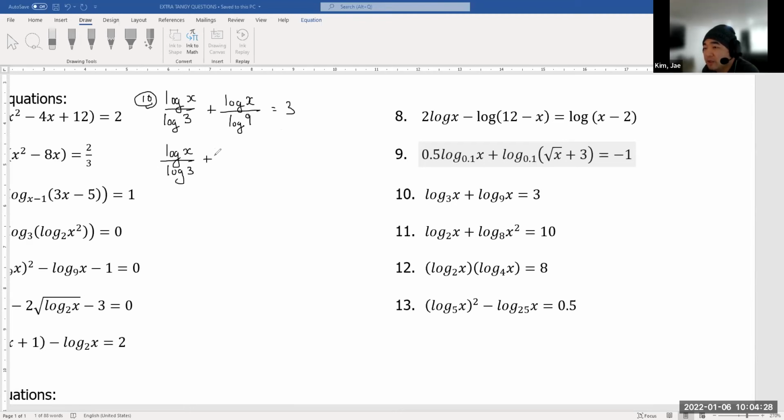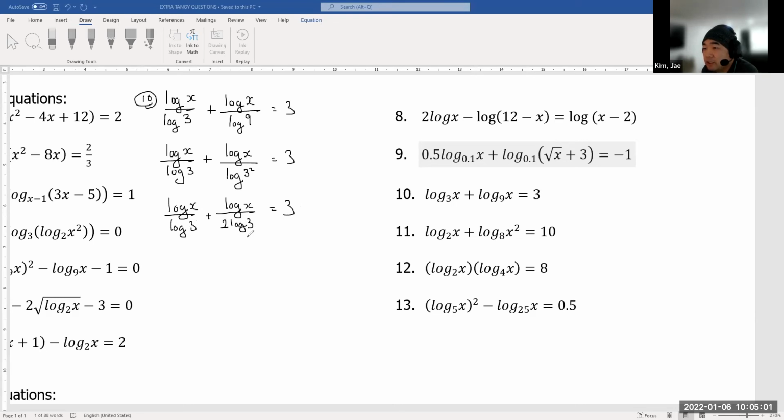Remember, I'm trying to make the denominators the same if I'm actually going to add them. But how do I deal with log of 3 and log of 9? Well, 9 is 3 squared. And using the power law of logs, I can drop down that exponent, turning this into that.